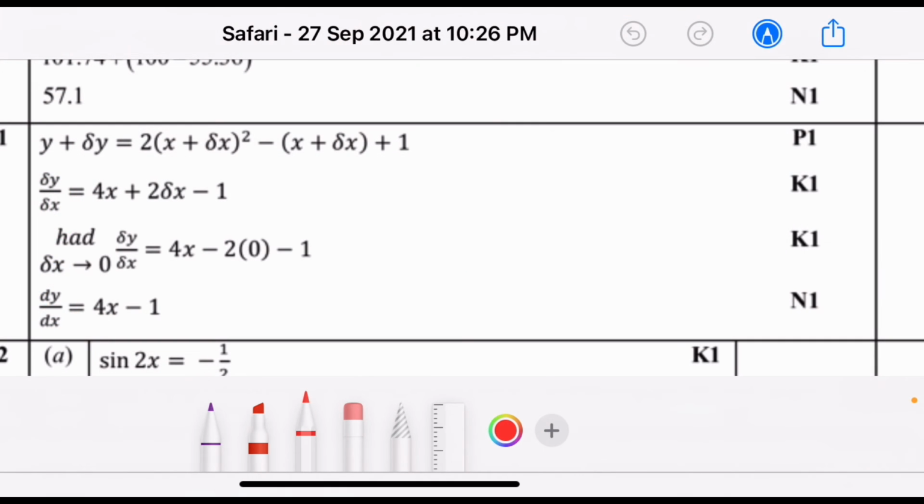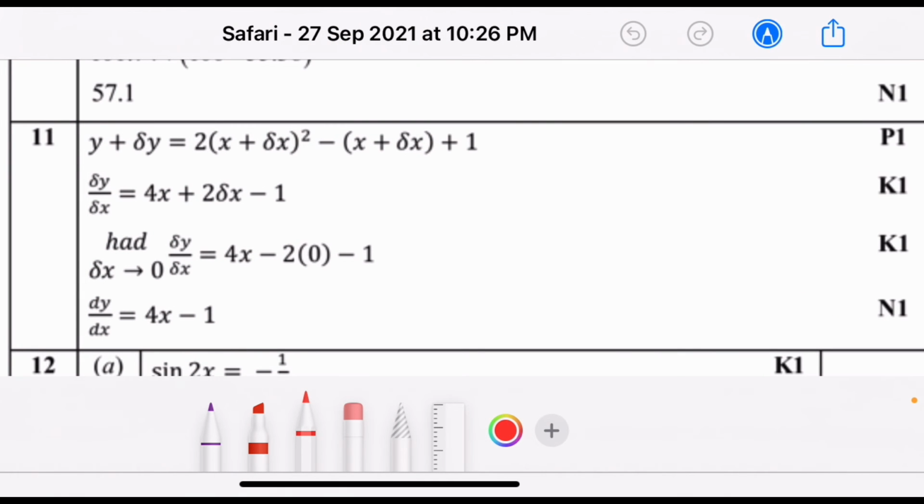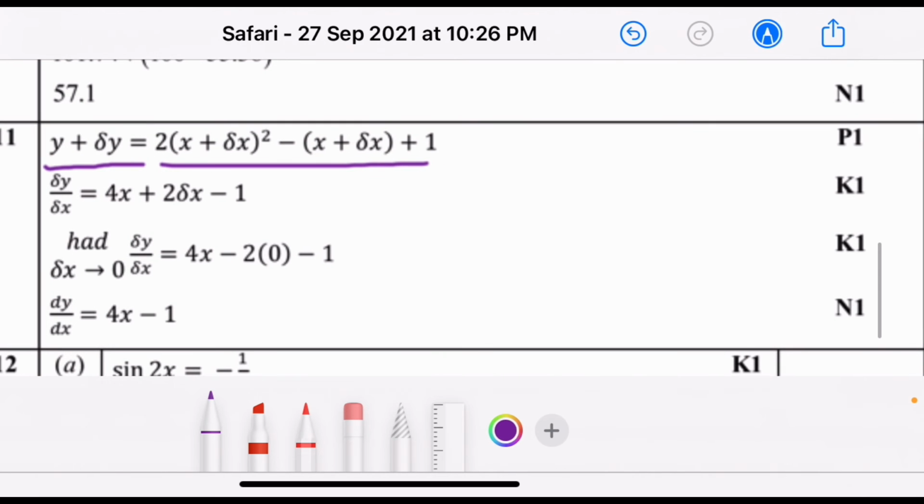This is our answer for question 11. If you write y plus delta y equal to 2 times x plus delta x squared minus bracket x plus delta x, plus 1, make sure there is a bracket. After that, you expand and simplify to the simplest form, and the most important thing is you must apply the limit when delta x approaches 0 for delta y over delta x.